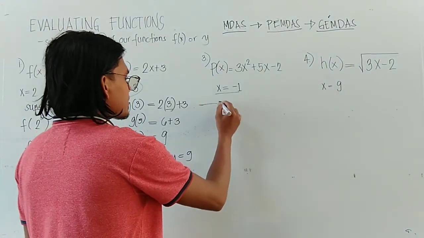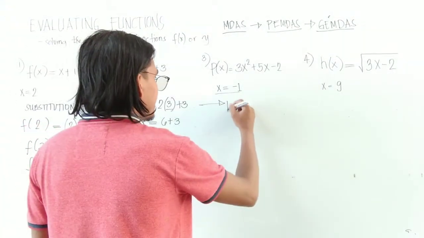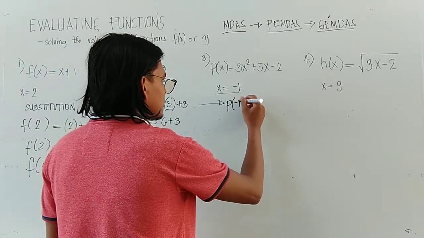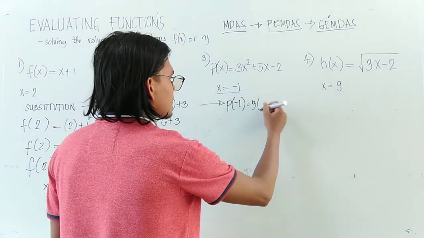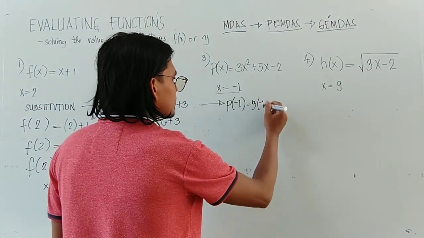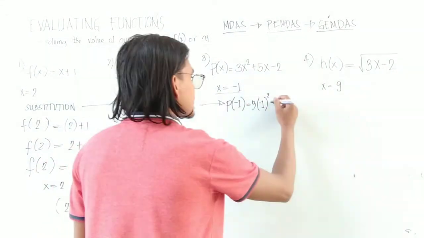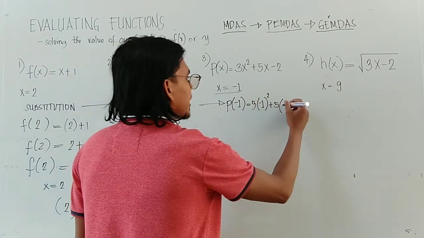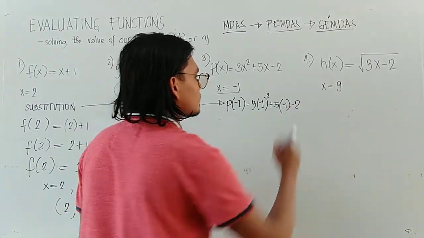Again, let us substitute. So by substituting, we have p of x where x is equal to negative 1 equals, copy 3, substitute negative 1 squared, copy plus 5x, we have negative 1, copy minus 2.